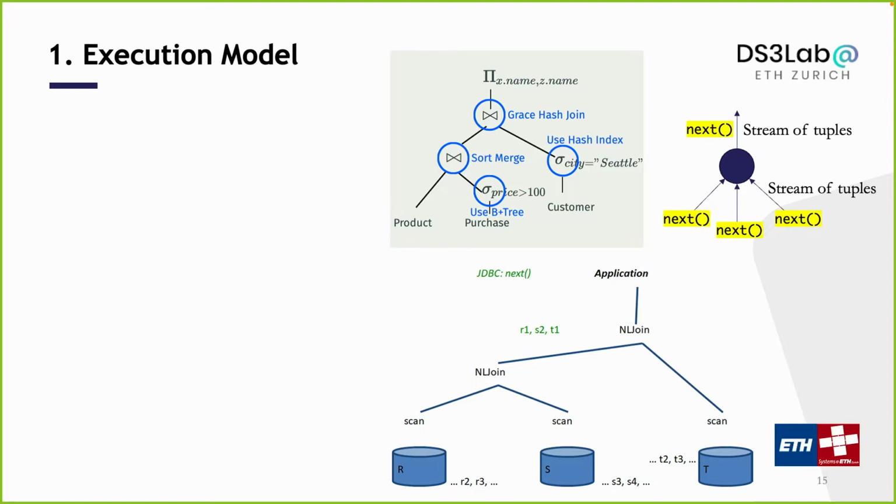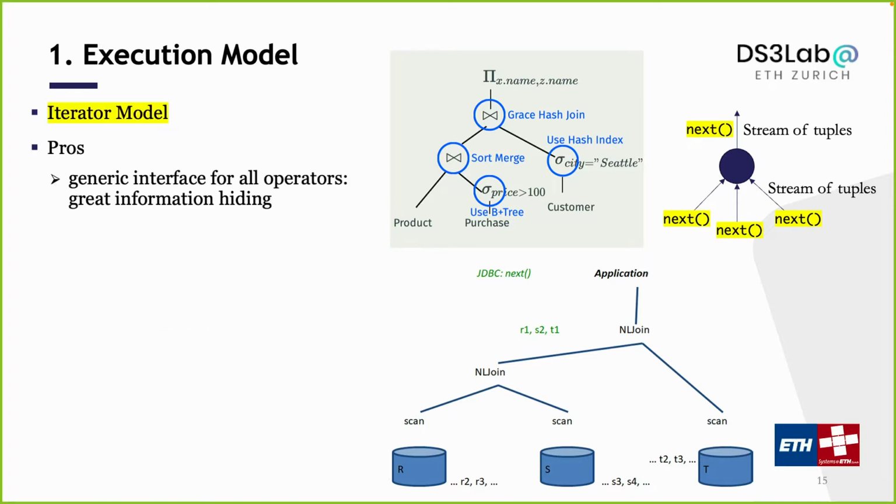Let's look at what's good about this. So essentially, the good thing about this is it provides a pretty generic abstraction for pretty much all the operators, right? You are hiding a whole bunch of information about what that operator is actually trying to do. In this model, all the operators actually take as input a whole bunch of streams and output another stream. It's very easy to put them together.